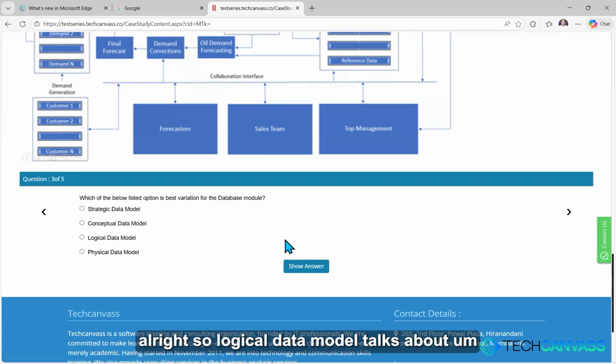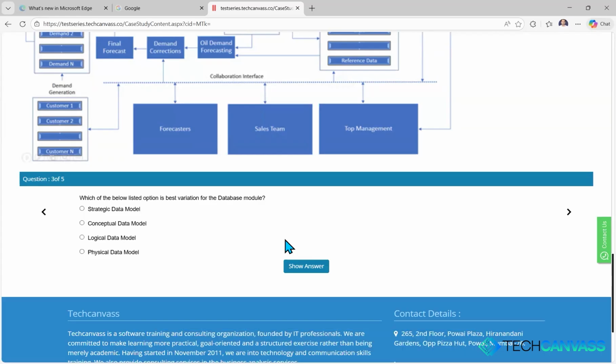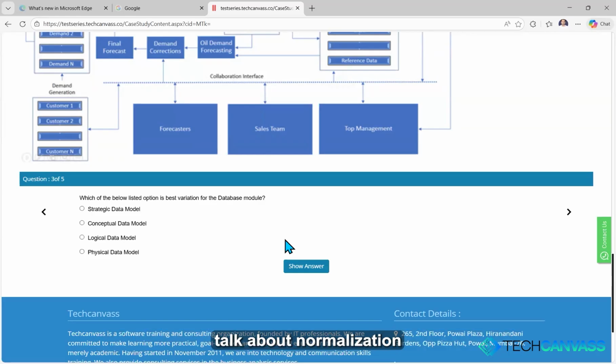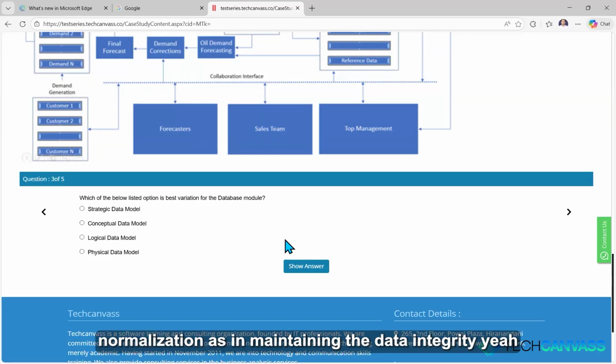All right. So logical data model talks about normalization. That's the easiest way to remember it: logical data model talks about normalization, as in maintaining the data integrity.